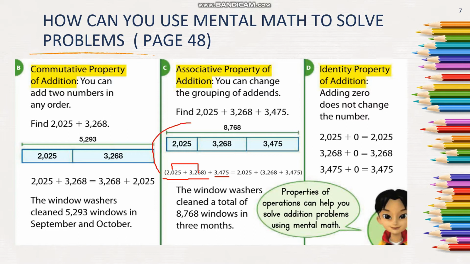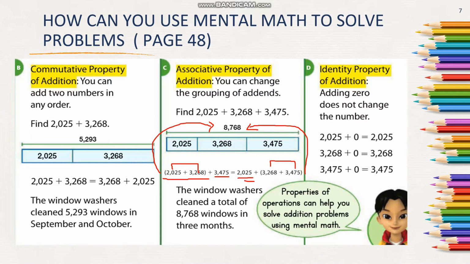The answer is 8,768. The same thing if I group 3,268 plus 3,475 first before adding to 2,025, I will get the same answer, which is 8,768. So the window washers cleaned a total of 8,768 windows in 3 months.